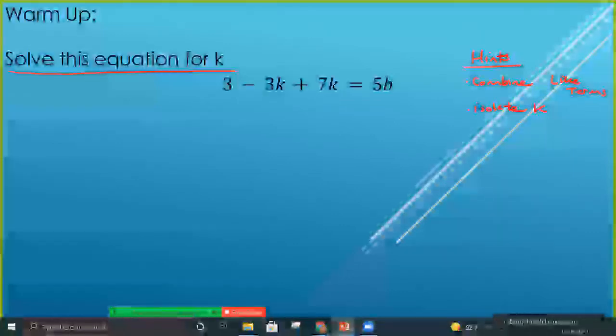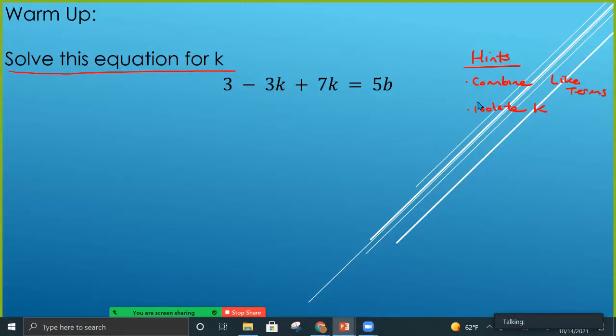I want to see what you got. And here's another hint. It's not going to be a whole number answer. It's going to be just another expression with a b in it and some numbers.